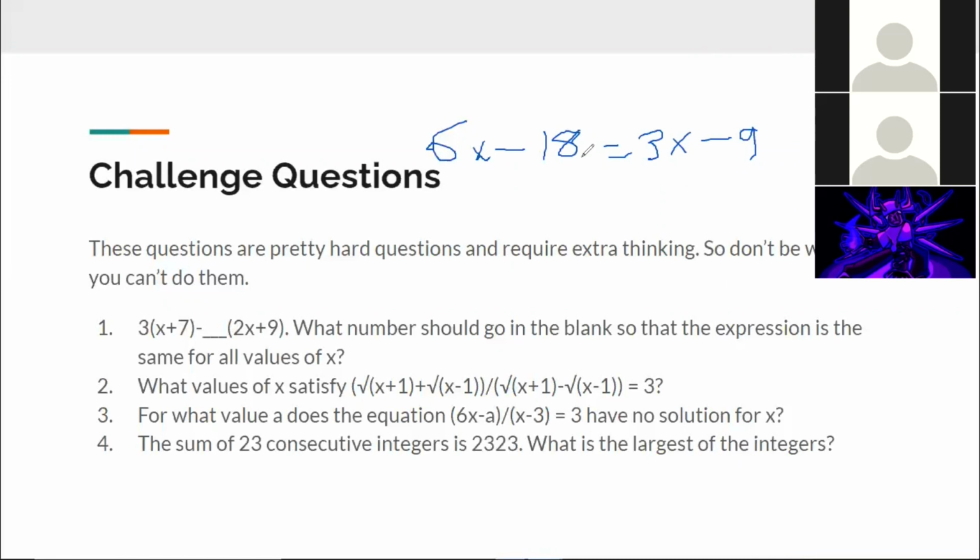But when x is equal to 3, the denominator becomes 0. So there's no solution for this. So our answer is a is equal to 18.